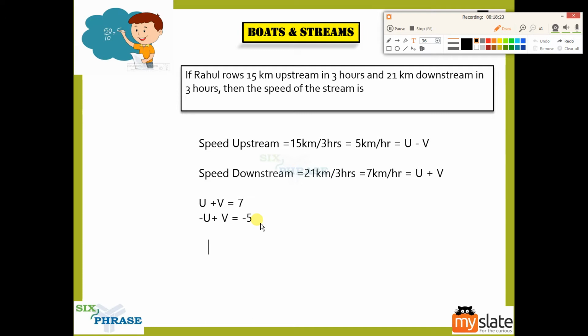Plus v will be 2v, and 7 minus 5 will be 2. So what is v? v is equal to 1 kilometer per hour. The speed of the stream is 1 kilometer per hour. So you can see then speed u will be 6 kilometers per hour. So 6 minus 1 is 5, 6 plus 1 is 7.